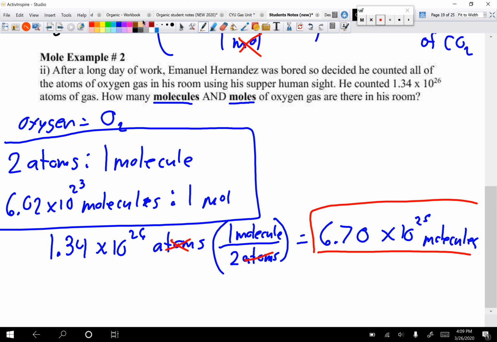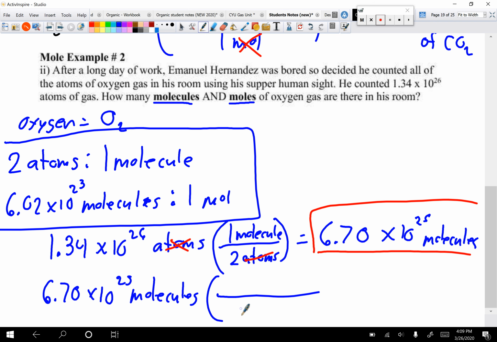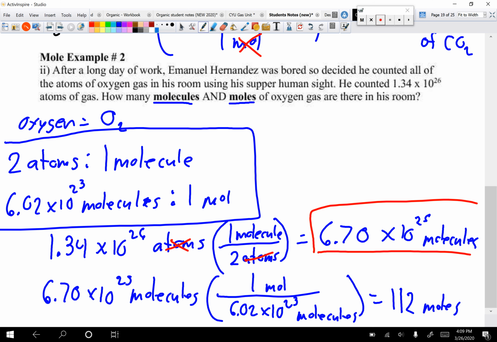Now as for how many moles, we go down for part 2, so 6.70 times 10 to the power of 25 molecules. We use our conversion factor again, so there is 6.02 times 10 to 23 molecules in every 1 mole. And of course we put that into our calculator and we get 112 moles.